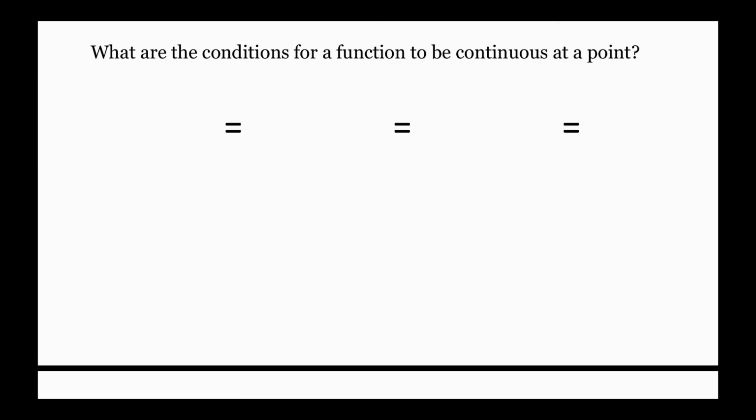Now, can anyone remember what the things are we need for something to be continuous? It's in your notes, but like I said, we haven't looked at it for at least a month or so. What are the things we need for something to be continuous?